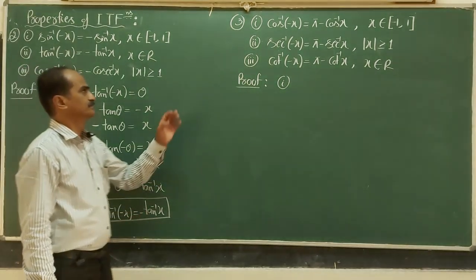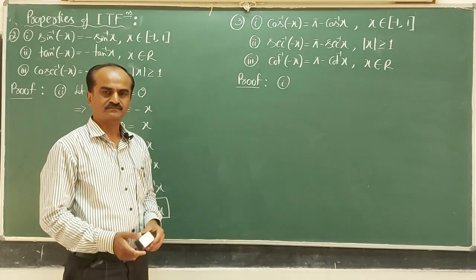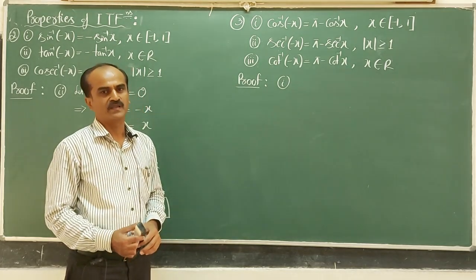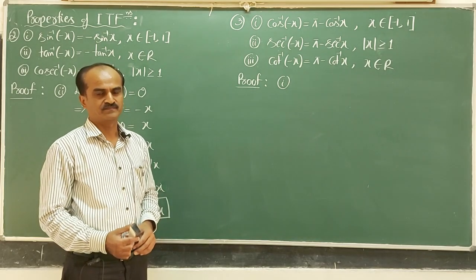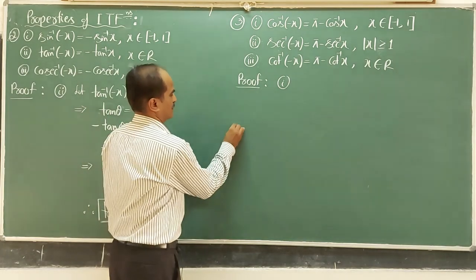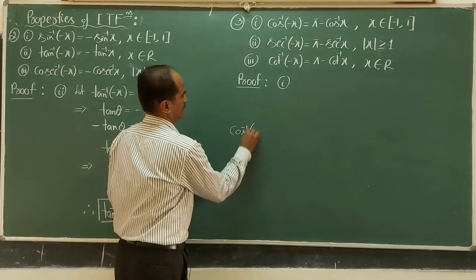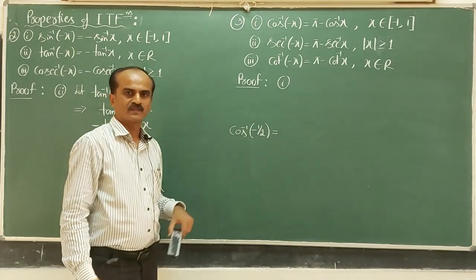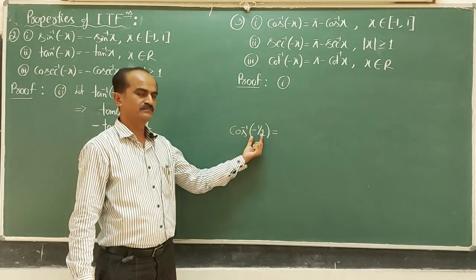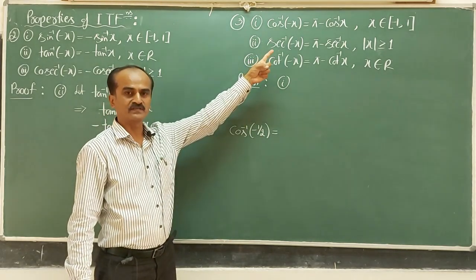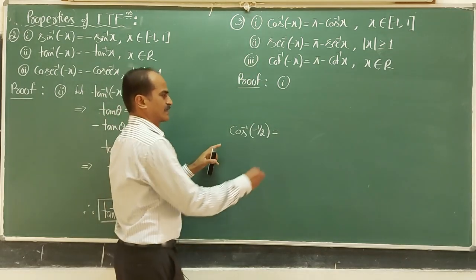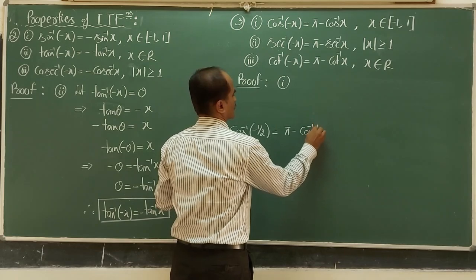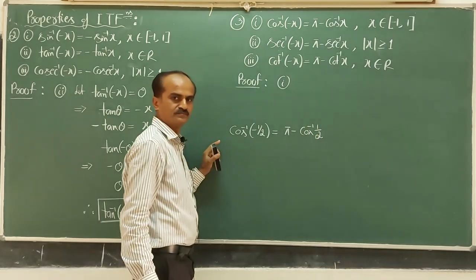Now, property number 3, cos inverse of minus x is pi minus cos inverse x. Whenever x is negative, I can use that property. So, what I can write here, pi minus cos inverse of 1 by 2.